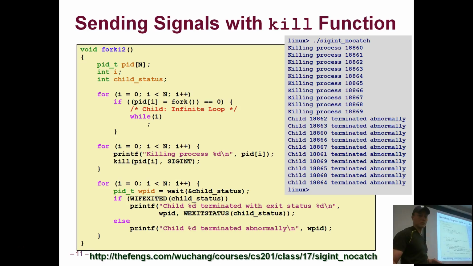Okay, so here's an example of that fork program using the kill function and then using wait. Again, we have this loop here that spawns off a whole bunch of children, and these children will loop infinitely. The results of this fork will be saved in this PID array. So this gets you n children, with each of their PIDs in this PID array.